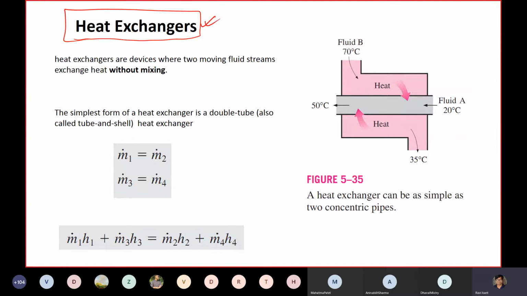Heat exchangers you will study more in your heat and mass transfer courses, and they are very widely used in engineering applications such as your car radiators, condensers, and your power plants.